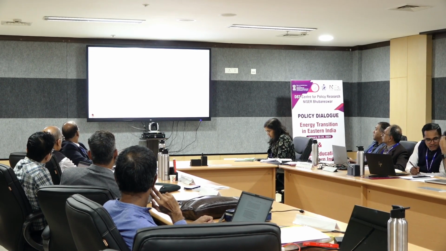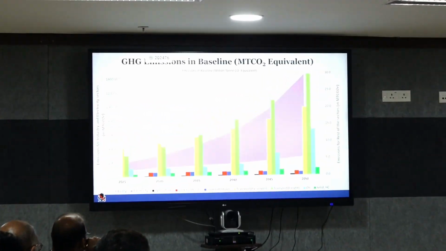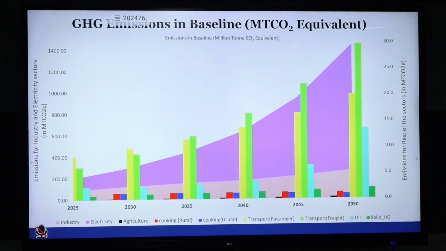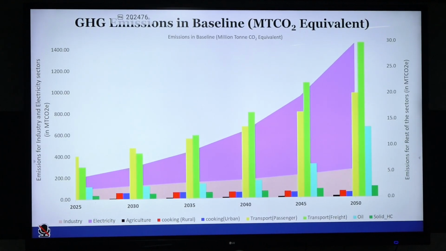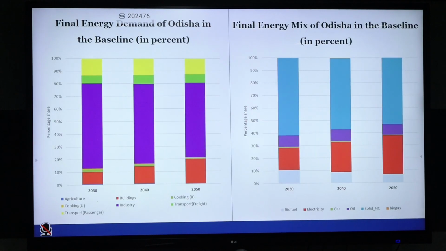Similarly, we have done emissions coming from the different sources: electricity, industry, etc. Mainly industry is the main component, shown in pink and violet color. Similarly, we have the energy demand baseline and energy mix for the 2050 period. This model can be run up to 2070 or even 2100. It's very possible to run.